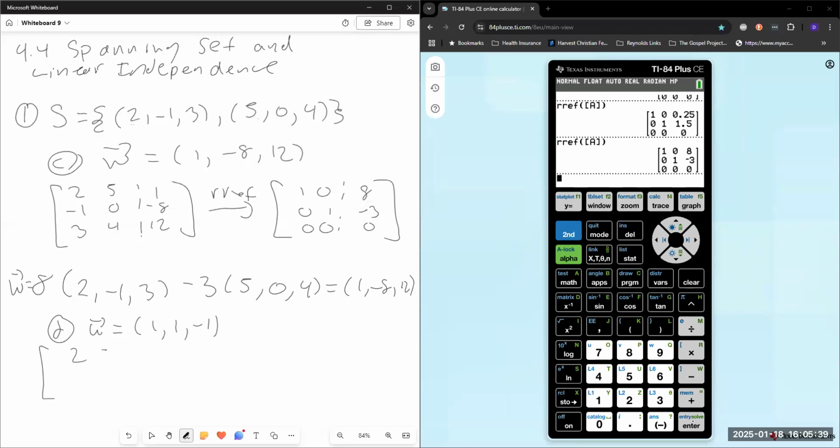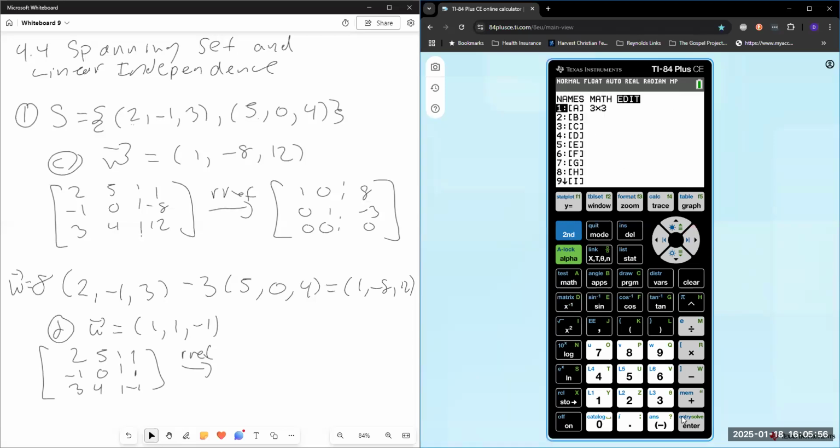So we would want 2, 5, 1, -1, 0, 1, and 3, 4, -1. We want to RREF that. And there we go.